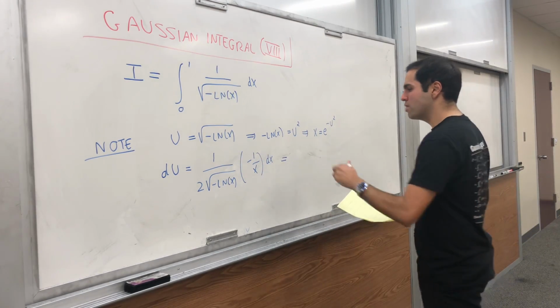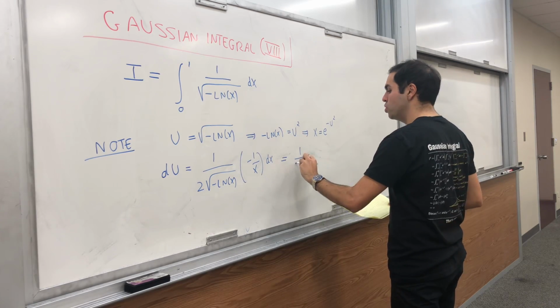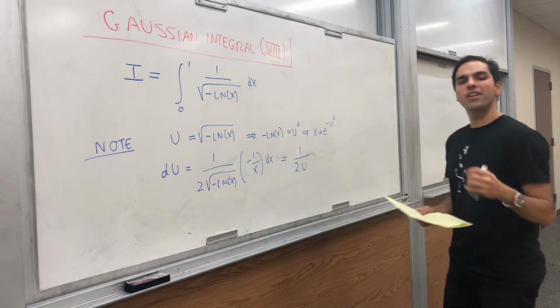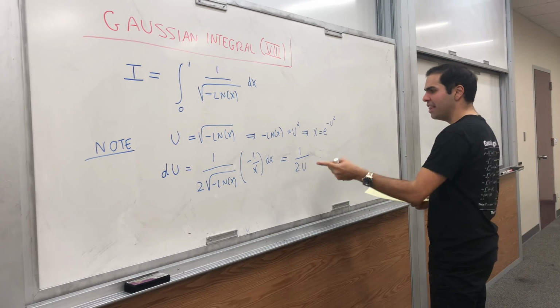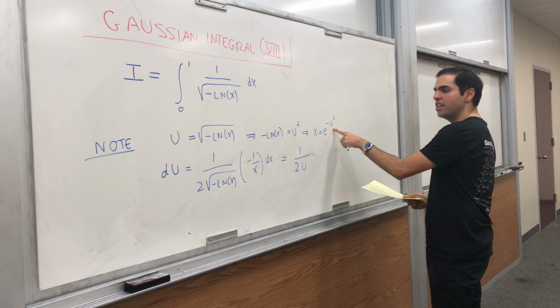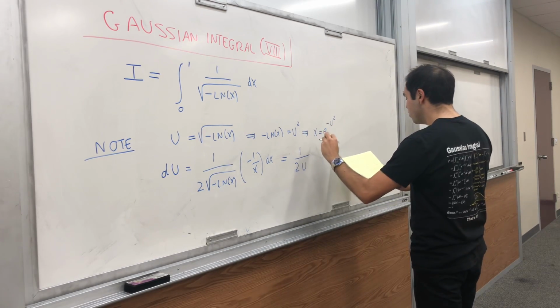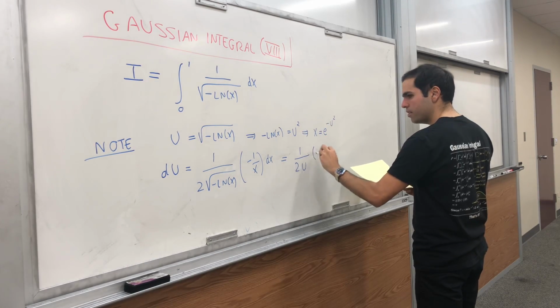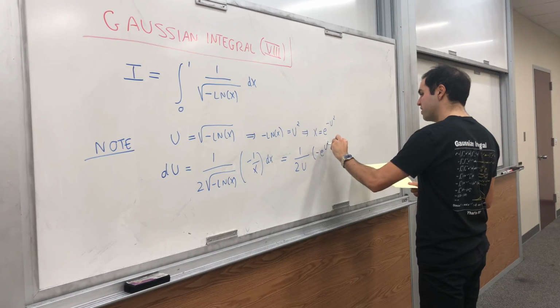Square root of minus ln of x is u, because in the end, we want to write everything in terms of u. So 1 over 2u. And then x is e to the negative u squared, so minus 1 over x is minus e to the u squared, dx.